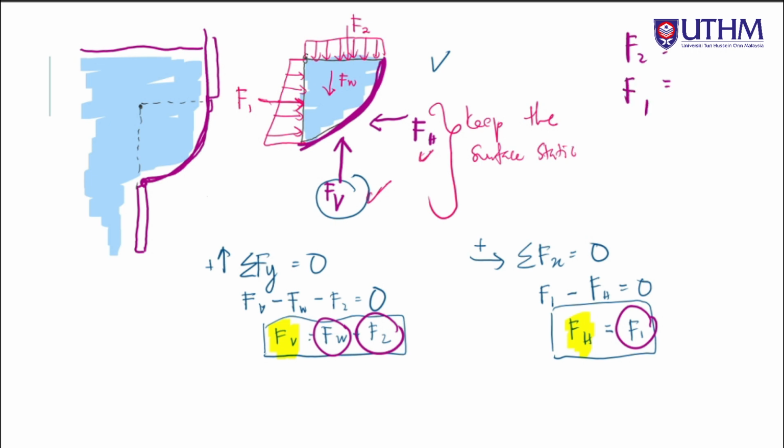Macam mana nak dapat? So actually, sekejap saya tukar color. How to calculate F2? Kita tahu rumus dia apa? F equals to PA. Ini general rumus untuk force, pressure times area. So F2 is actually pressure times area 2.